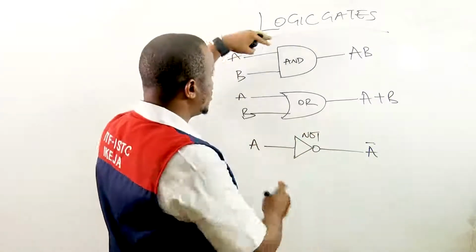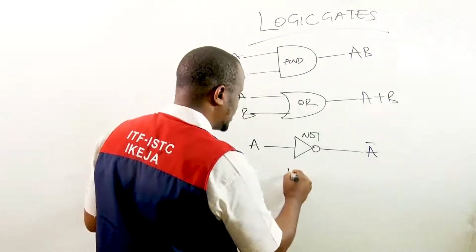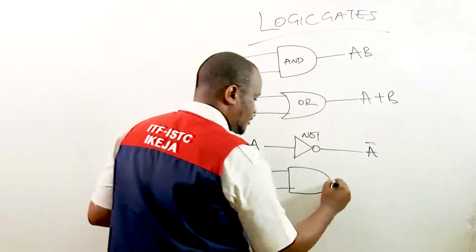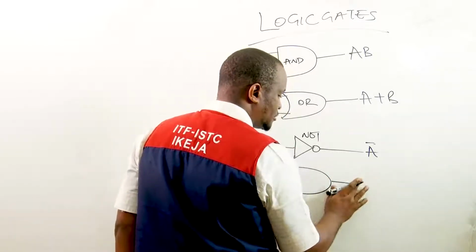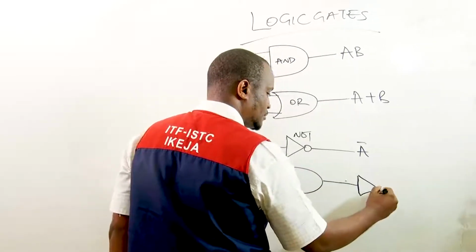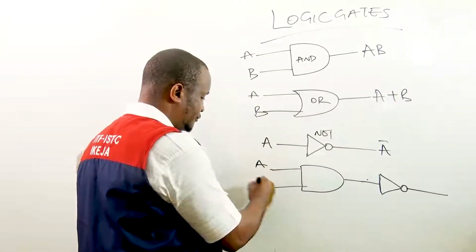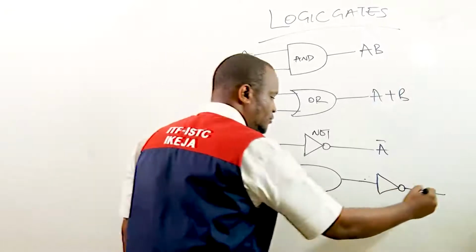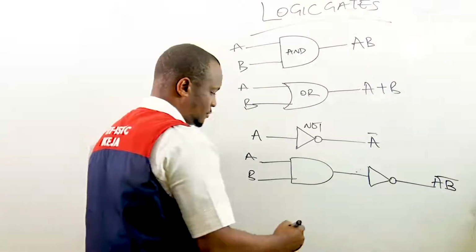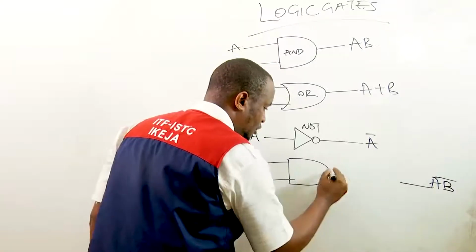Now from here we can combine to have the remaining ones, like the NAND gate. So the NAND gate is a combination of the AND gate plus the NOT gate. So we now add the NOT gate, this one. Okay. So this is how it looks. But for simplicity, it is drawn this way, just a circle.